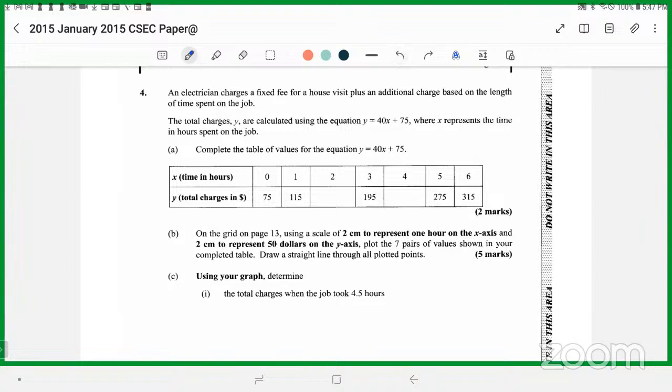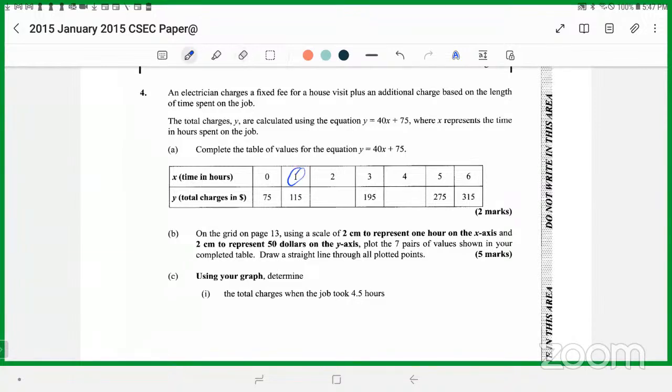So you can fill out this table by just adding 40 to this right here, and adding 40 to this right here, because you keep adding 40 every hour. Or if you like, you can plug 2 in the formula, 40 times 2 plus 75, for example, to get this value. But I'm just going to add the 40. That's kind of easy. You realize you keep adding 40 every hour.